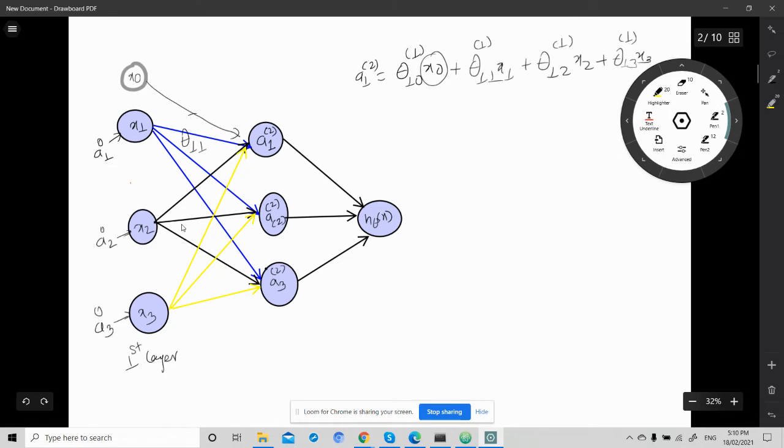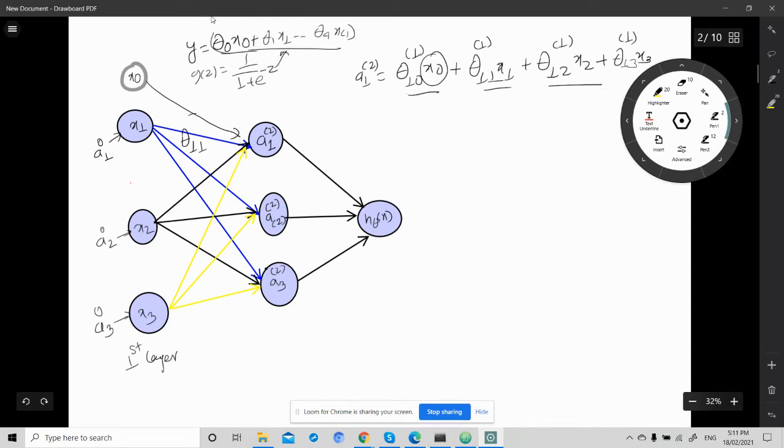This is similar to applying linear regression, where my y was theta naught x naught plus theta 1 x1 up to theta 4 x4, and then we take a g of this and apply 1 by 1 plus e to the power minus g, where g is this term.